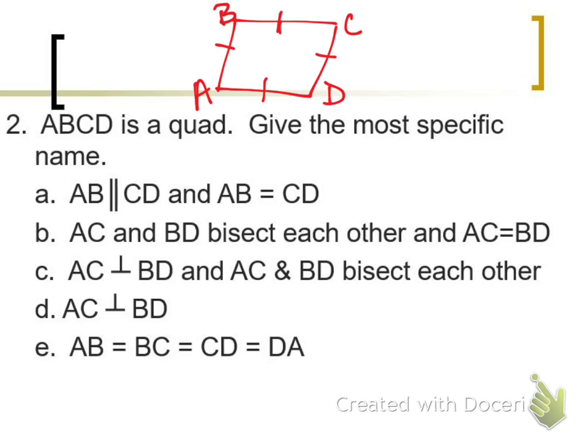A rhombus, I would agree. Okay, if we have opposite sides congruent to each other, which we do, then it has to be a parallelogram. A parallelogram which has all congruent sides is a rhombus. Questions about E? Okay.